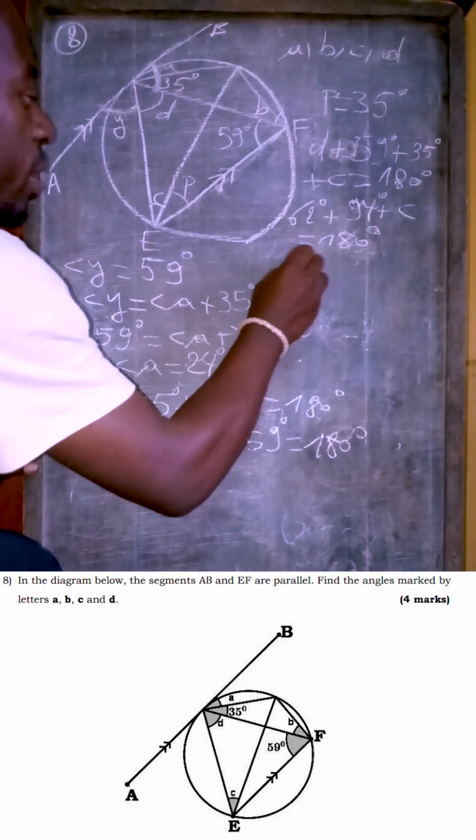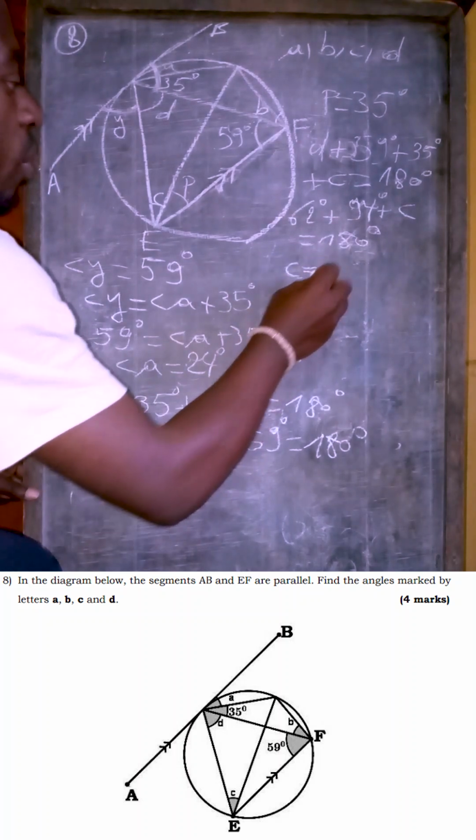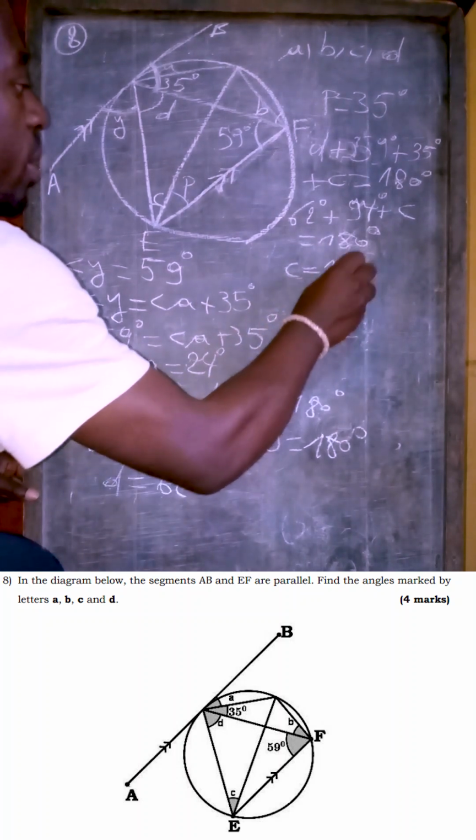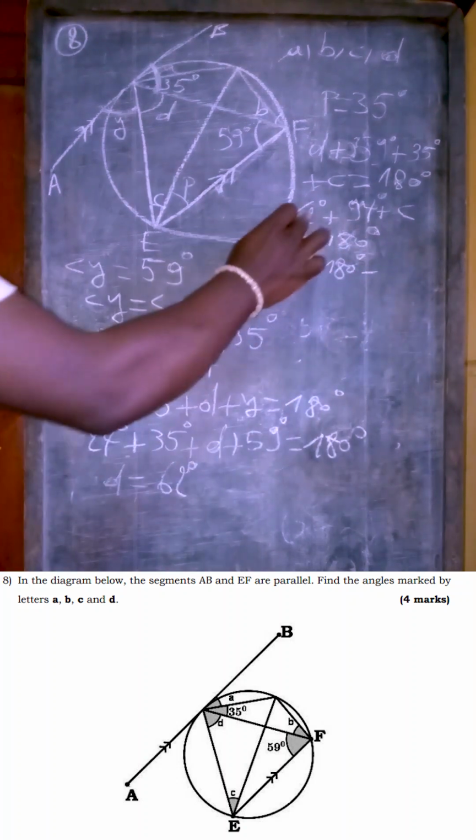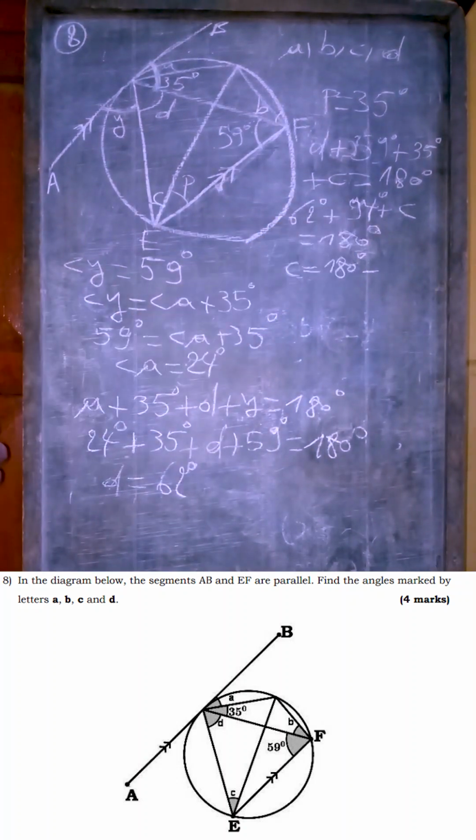And C by solving is equal to 180 degrees minus the sum of 62 plus 94. Let us check, 94 plus 62 is 156.